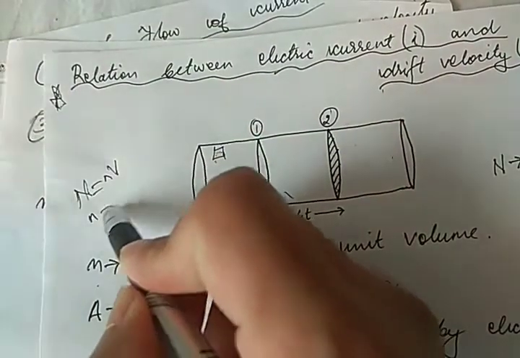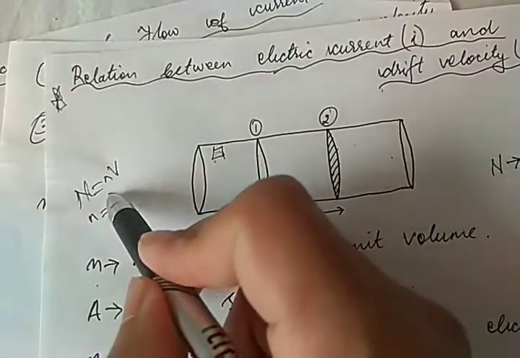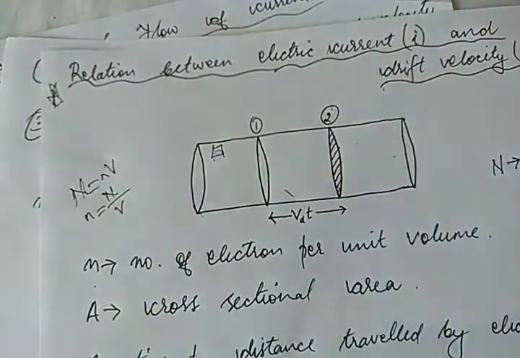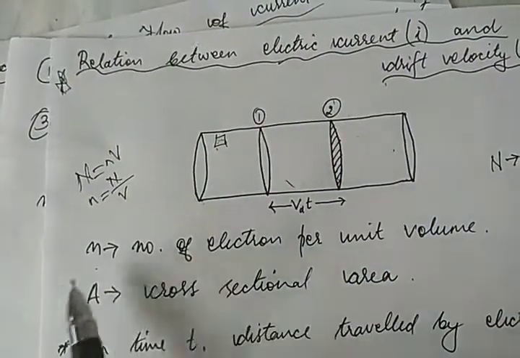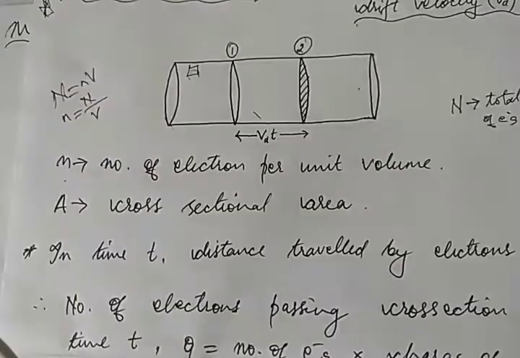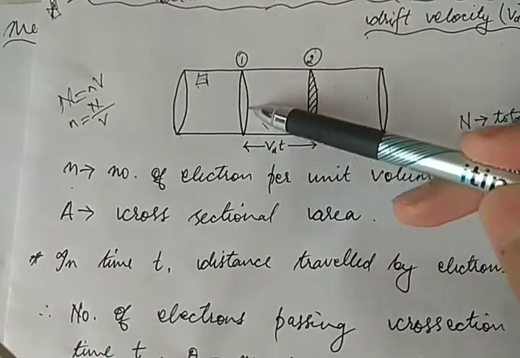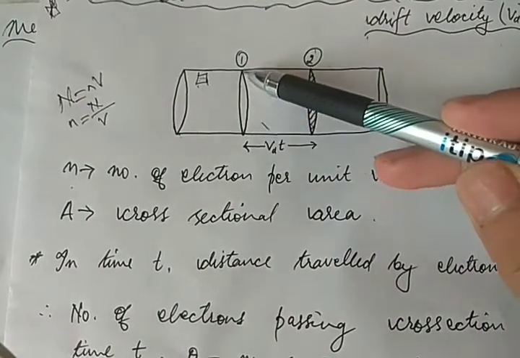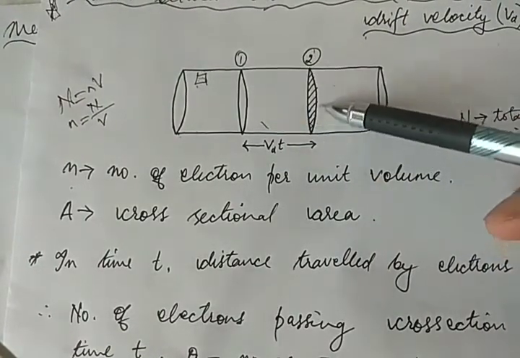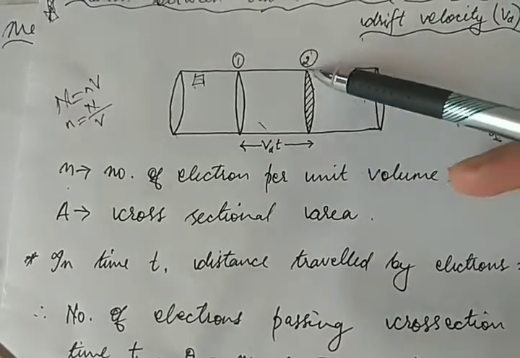The number of electrons per unit volume means the total number divided by the total volume of the conductor. Capital A is the cross-sectional area. So the cross-sectional area of cross section 1 is A, and the cross-sectional area of cross section 2 is A.